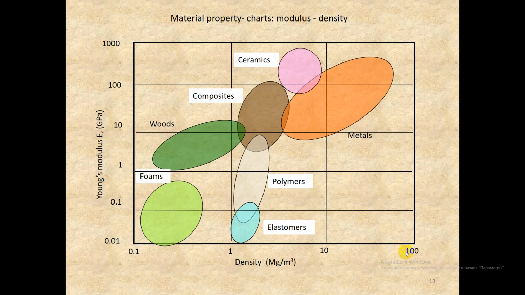The blank areas indicate that there are no materials with low or very low density that also have high or very high value of stiffness. Similarly, no dense or very dense materials possess low stiffness value.